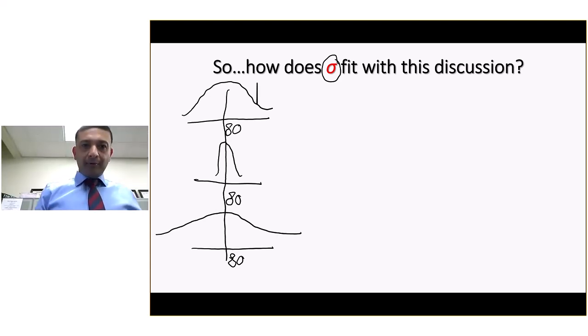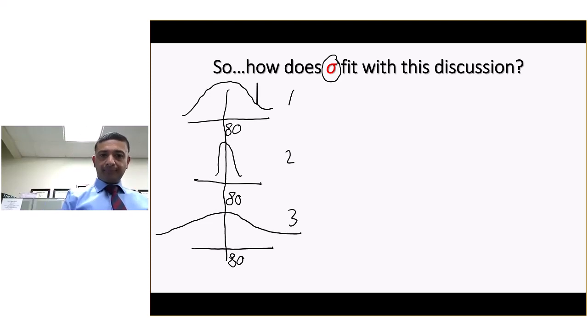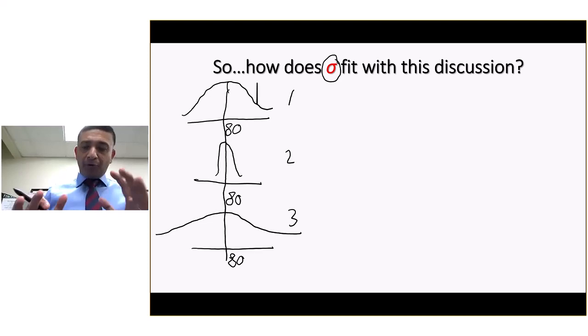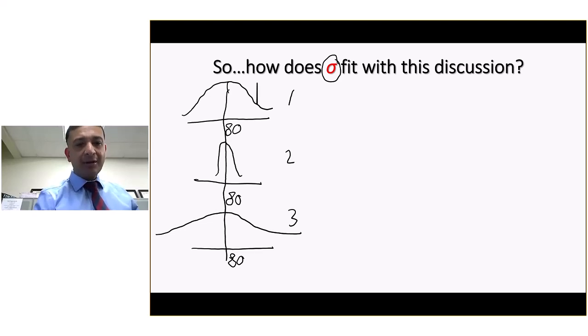Which one, as an educator, will I be happy with? 1, 2, or 3? Ask yourself that question. They all have the same mean. The mean is still 80. But when I put the entire data set, which is all your grades, into a distribution, the distribution gives me the frequency, and imagine I have 3 possible ones.